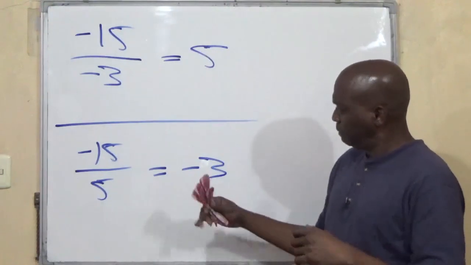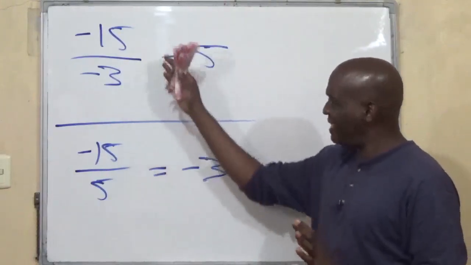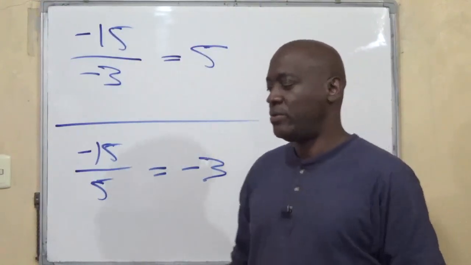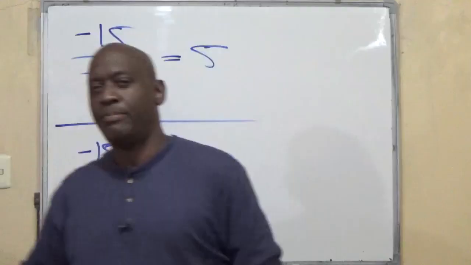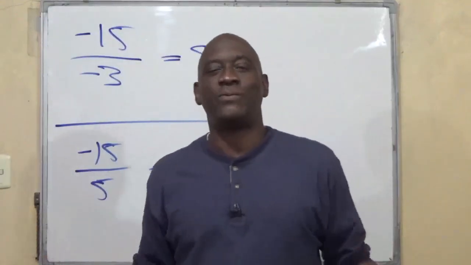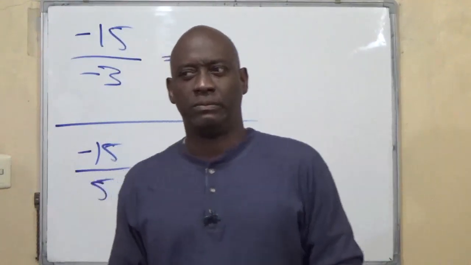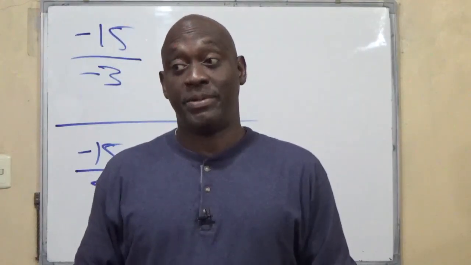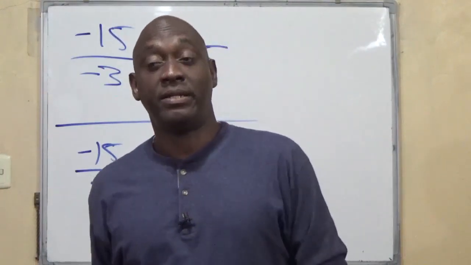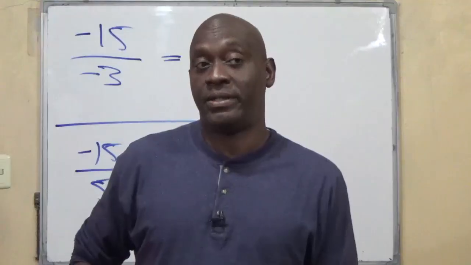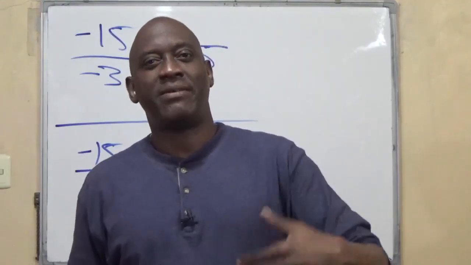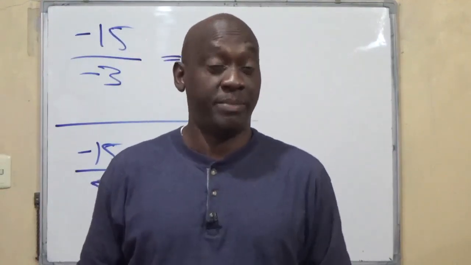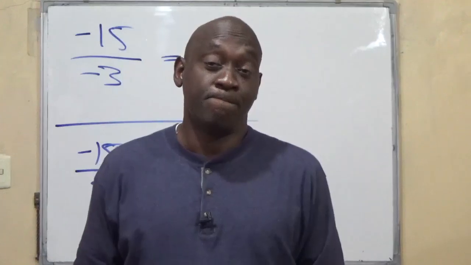So we understand these two scenarios using money because these are things that we experience. At some point or the other, we experience people paying us money, and at some point or the other, we experience having to pay money to people, right?